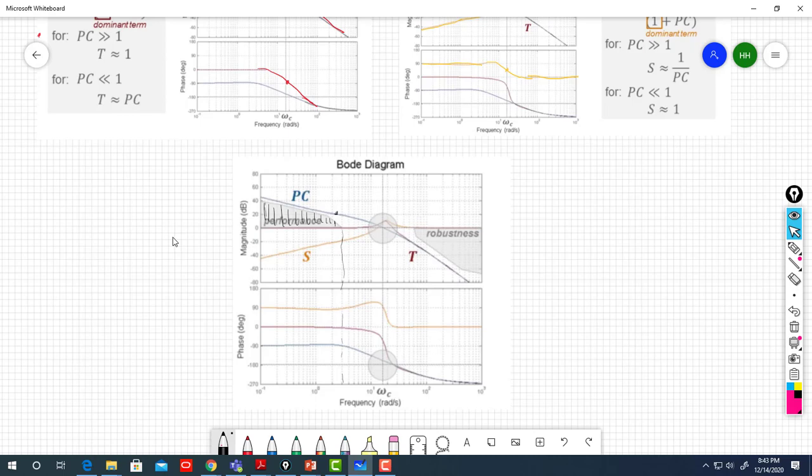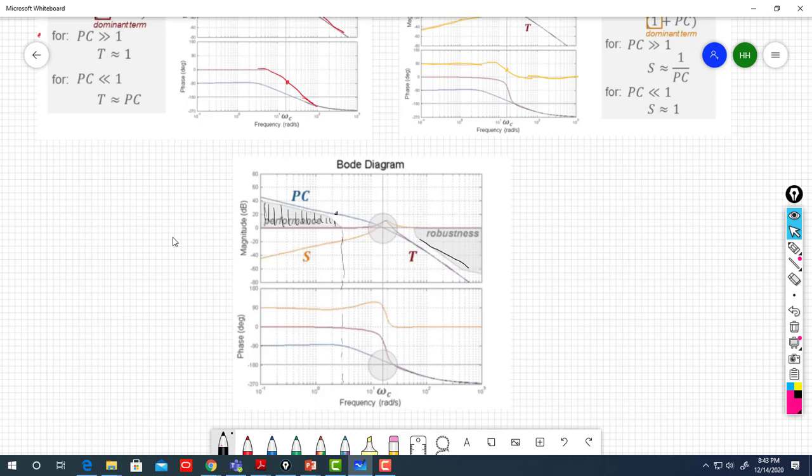You should be in here, better to be low like this to attenuate the noise completely, and therefore my system is robust. I should not overshoot here, otherwise I'm amplifying my noise if I'm above 0 decibel. So it should always be below 0 decibel at high frequency, and the lower the better. This means my system is more robust.